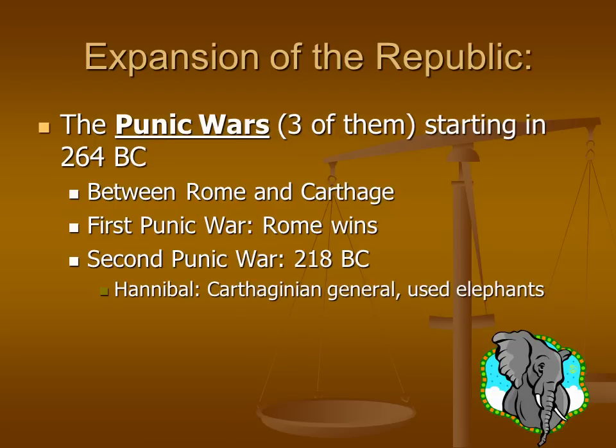Now, one of the most daring things about Hannibal is that he goes from Spain, and this starts in 218 BC, sorry, I'm not telling you the dates. It's one of the most daring things that we see in history in terms of a military campaign. He leaves from Spain. He uses elephants in battle.